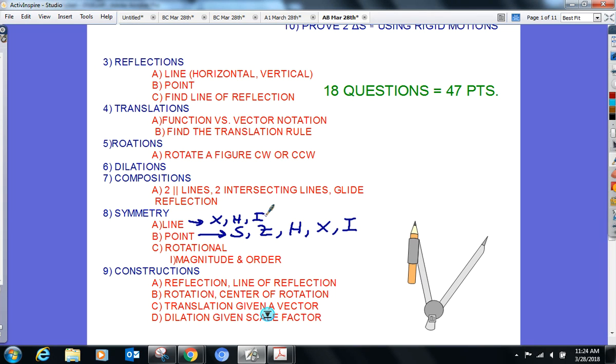What should I be testing? Turn it upside down, it's the same letter or figure I started with. Line is you just draw a line somewhere and it can flip over. Vertical, horizontal, diagonal. Any line you can draw in, it has line symmetry. I'm trying to think of ones that have line but no point symmetry. B has line symmetry but no point symmetry.